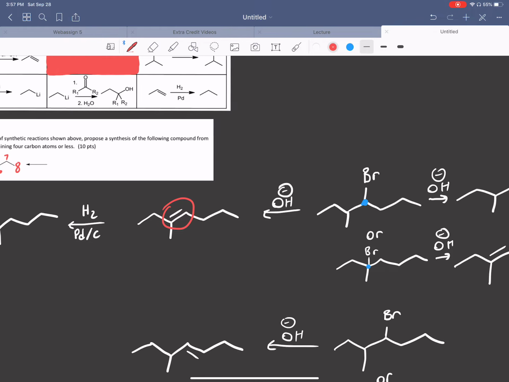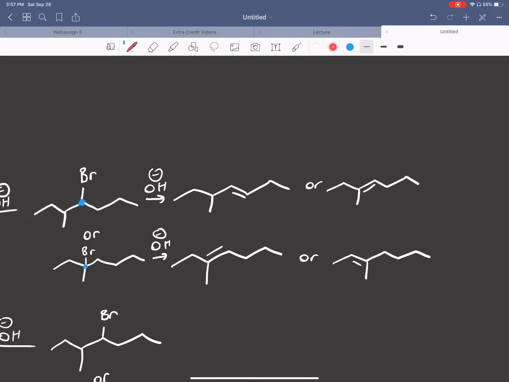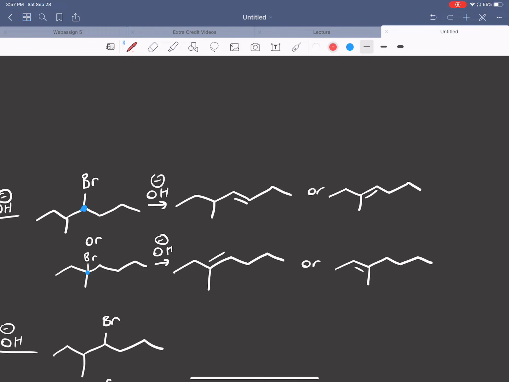So let's look at where our Brs are. The substitution of the double bond. This double bond right here on the right of our Br has two carbon substituents coming off, di-substituted. This one right here has three carbon substituents. 1, 2, 3. So that is the most stable one.